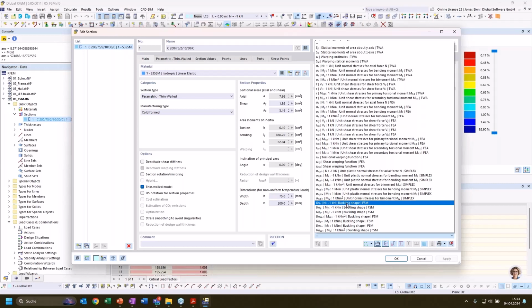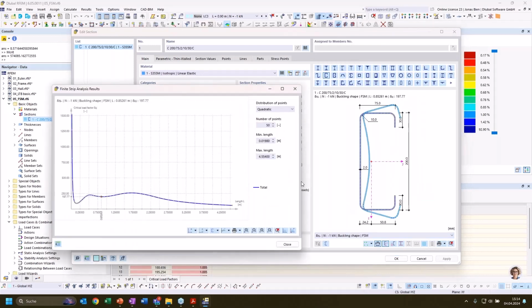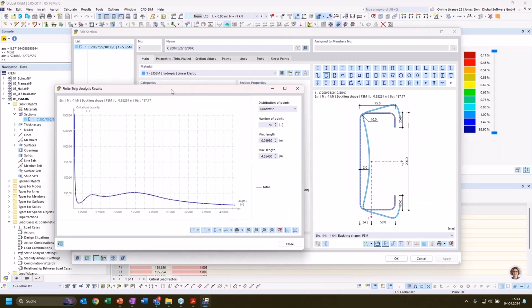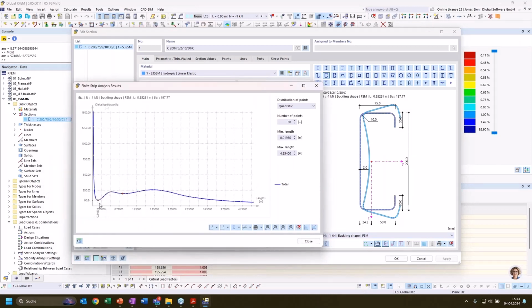And if we click on that option, I can see that I get a diagram as a result. And what I get here is the so-called signature curve for our cross-section. And it gives the relationship between the critical bifurcation factor for this unit load, 1 kilonewton compression, in relation to the member length.